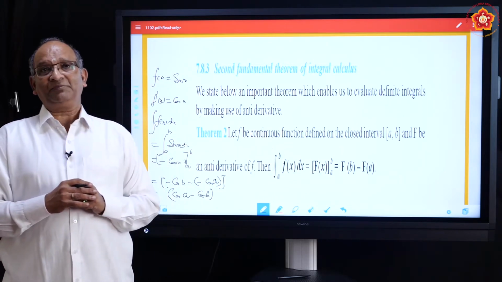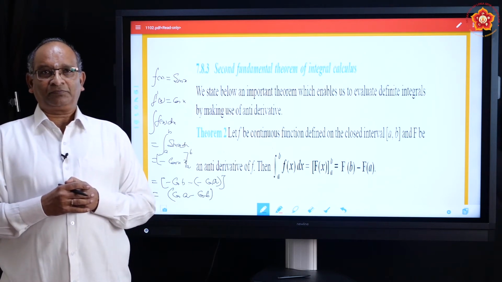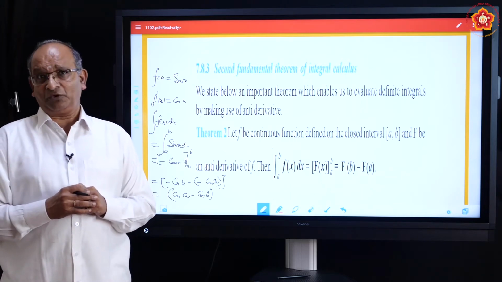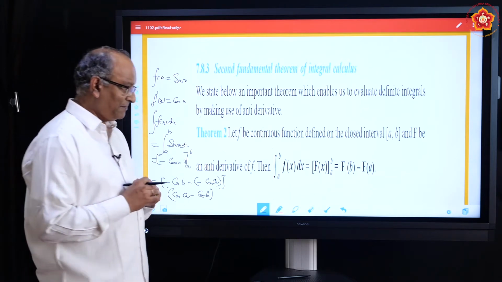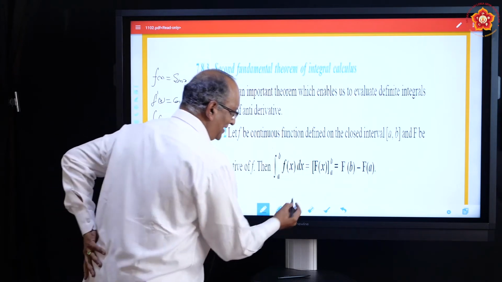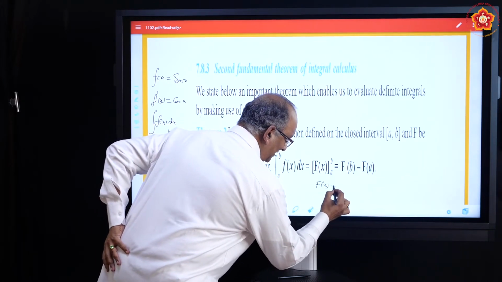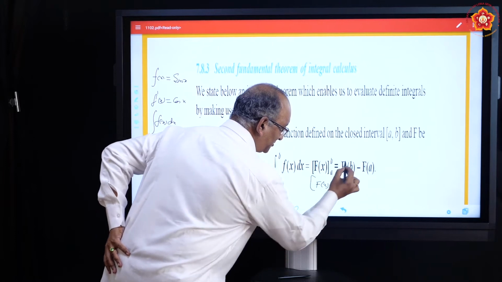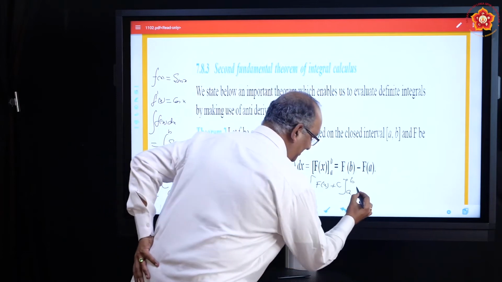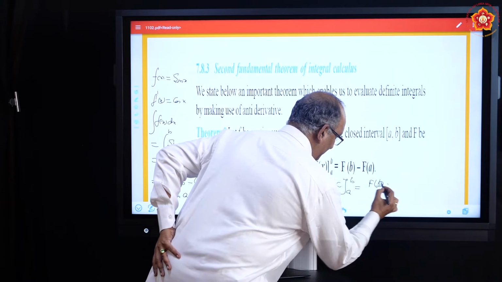Now a question may come to your mind: what happened to the constant of integration? It vanishes on its own. How does it vanish on its own? Tell me. Let us say, for example, when we did the integration of f x dx, we got F of x. Now let us say, instead of that we write F of x plus c, and then substitute the limits a to b. What happens? First substitute the upper limit, so it will become F of b plus c.